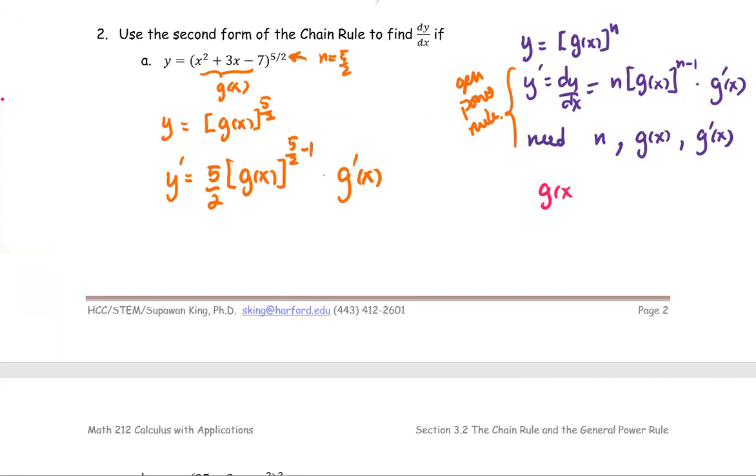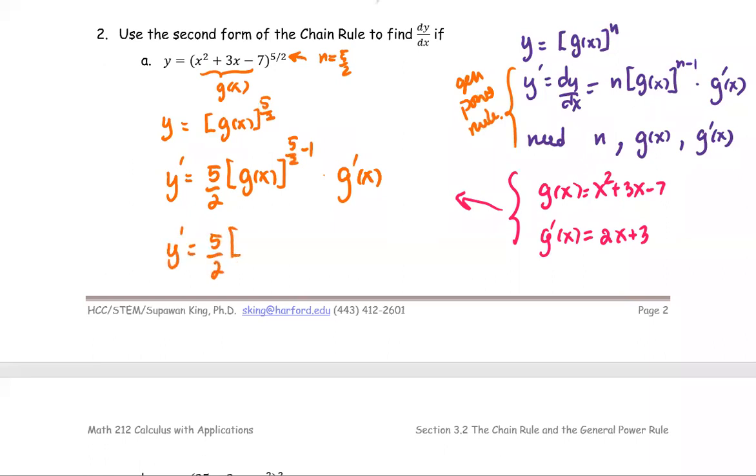From what we have, I'm going to work on the side notes here. Since my g(x) is x squared plus 3x minus 7, my g prime, or the derivative of g, is 2x plus 3. Then I'm going to bring it back into the formula for the general power rule. After I replace the terms, my y prime is 5 over 2 times the quantity x squared plus 3x minus 7 to the power 5 over 2 minus 1.